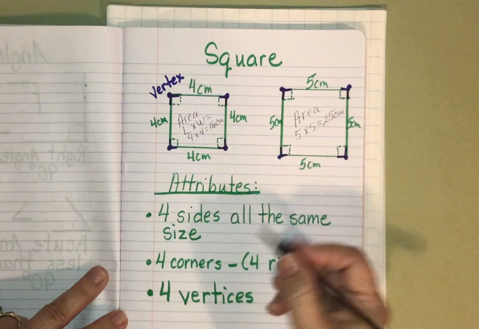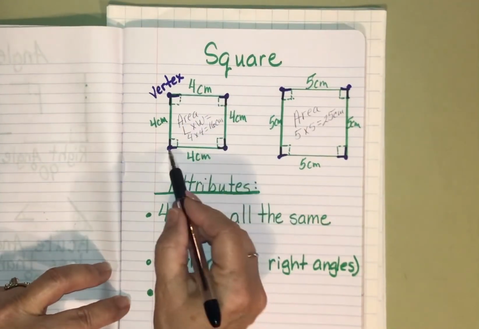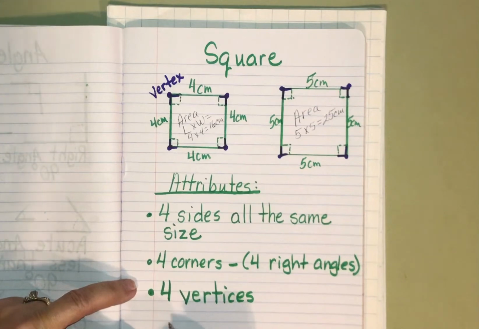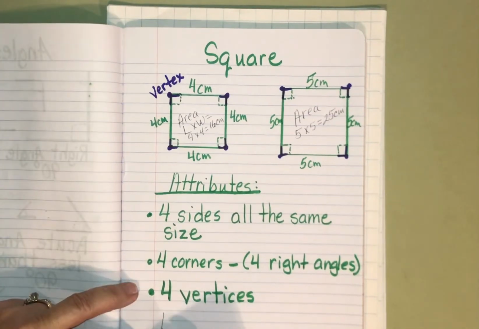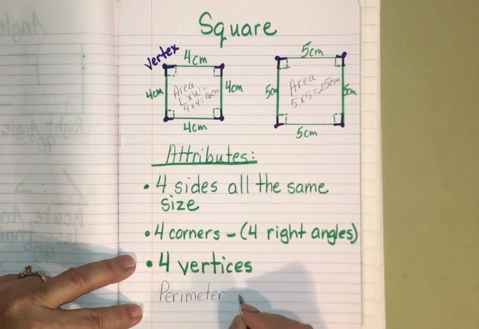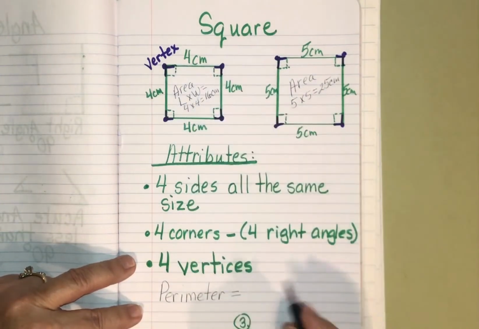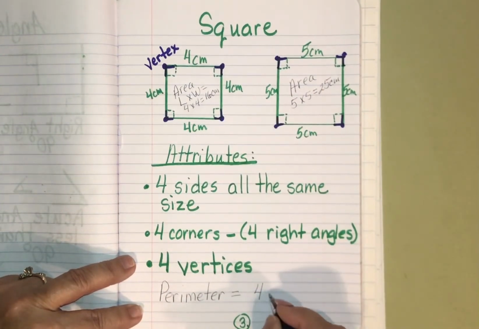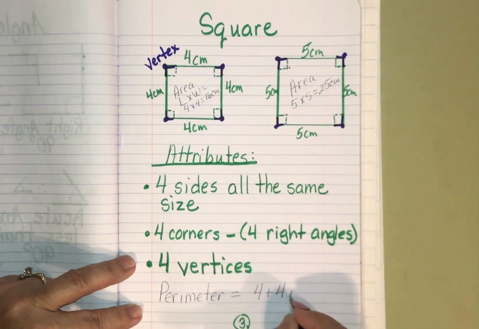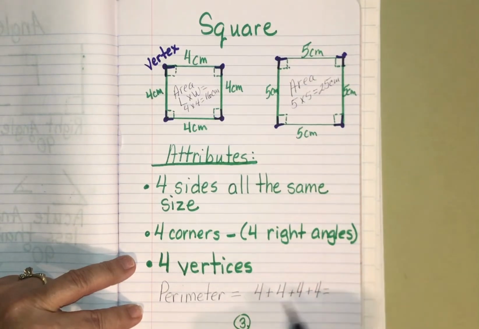All right? Now for the perimeter, the outside, we have to add them. So we're going to write down here perimeter. Scoot that up, make sure you guys can see it. The perimeter, to figure it out, we need to add all of the numbers. 4 plus 4 plus 4 plus 4 equals, you got it, look at that.